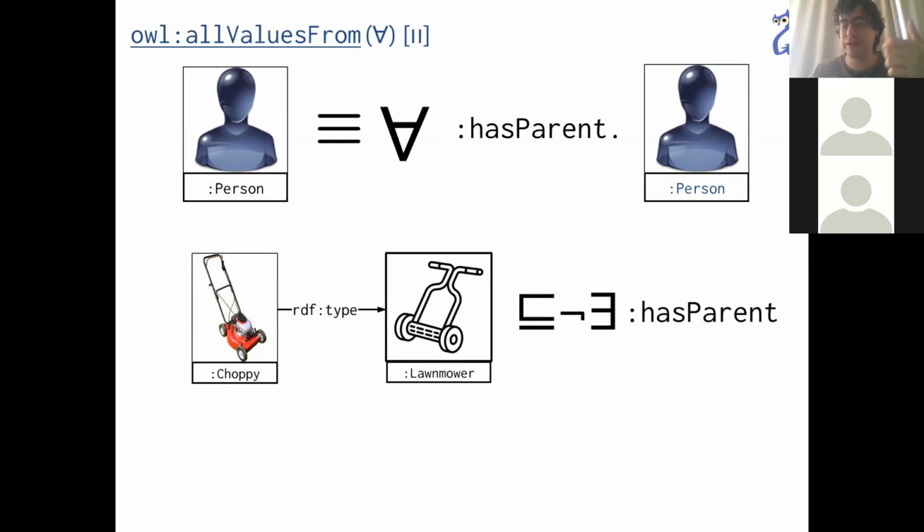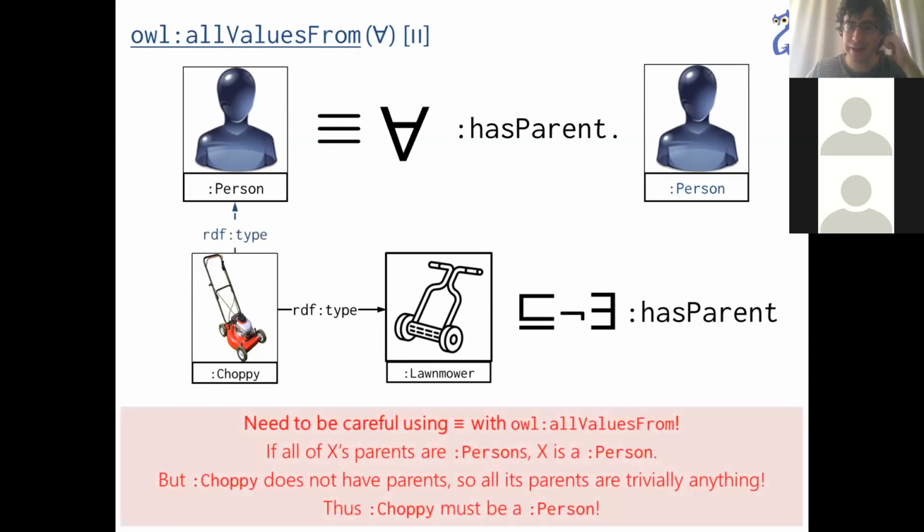And trivially speaking, since Choppy cannot have any parents, we infer it to be a person, trivially by the definition of this for all statement. Since Choppy has no parents, all of Choppy's parents are people, trivially, because there are no parents to check. So trivially, it satisfies any for all condition.